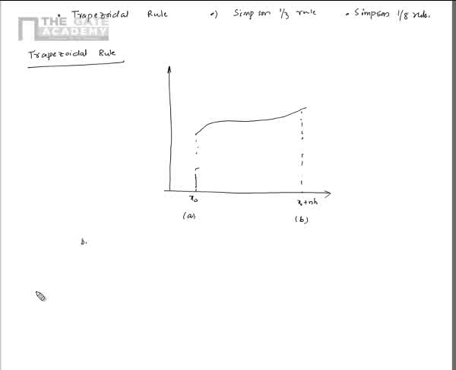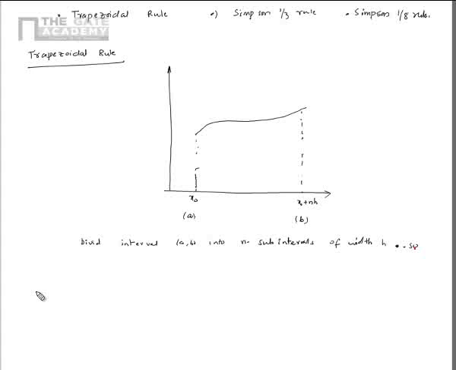So what you're doing is you're dividing the interval ab into n subintervals, each of width h.